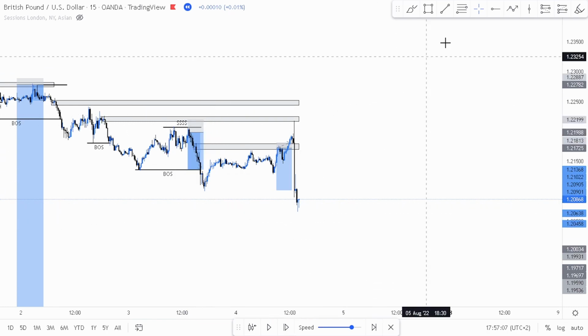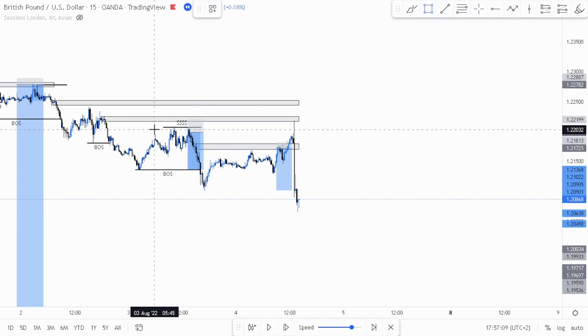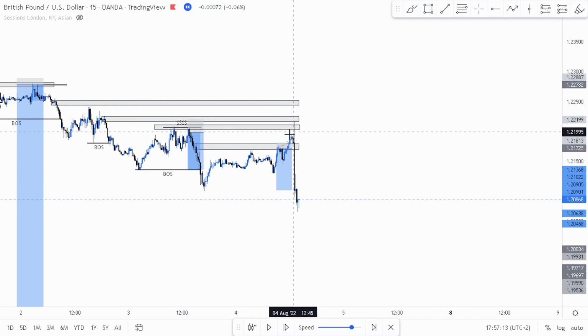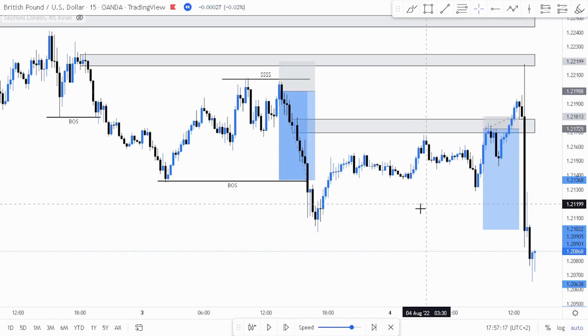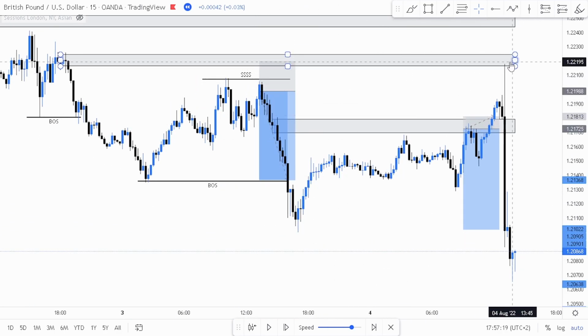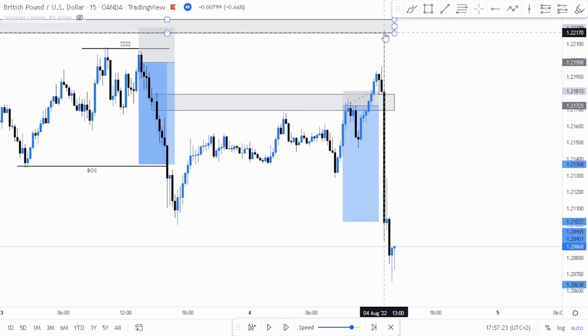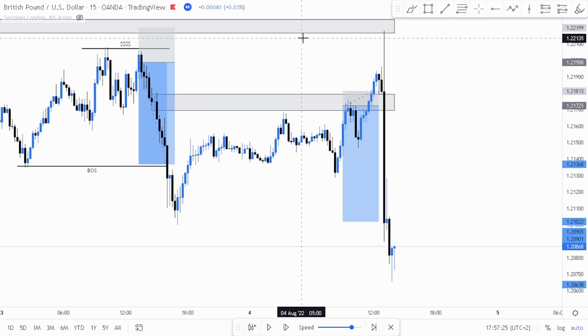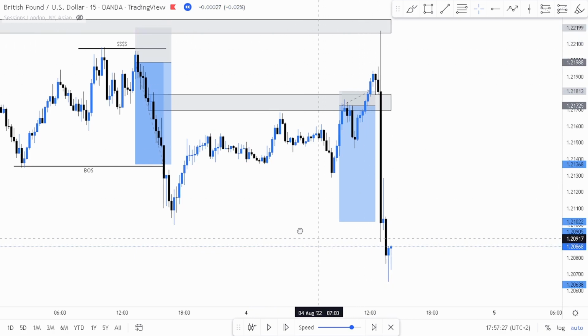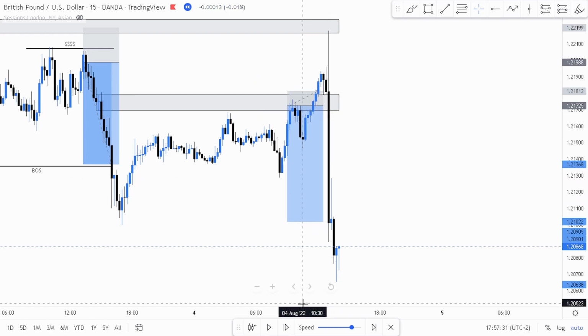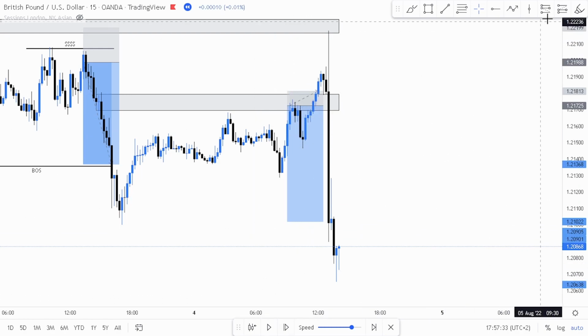Price takes out everybody, even the ones that entered right over here. And now look, their orders were executed at the entry of this level of supply right over here. So right over here, stop losses were taken out, and then boom, price just dropped to the downside. It just dropped.